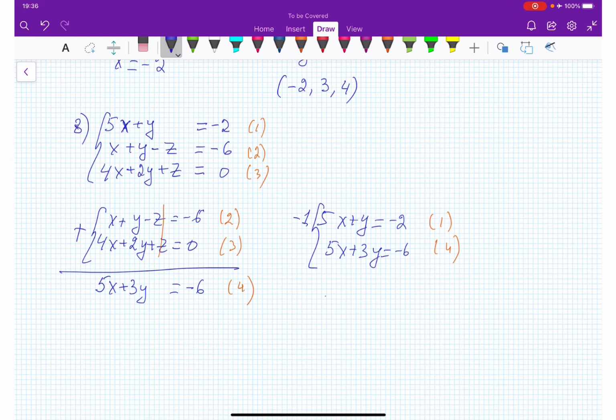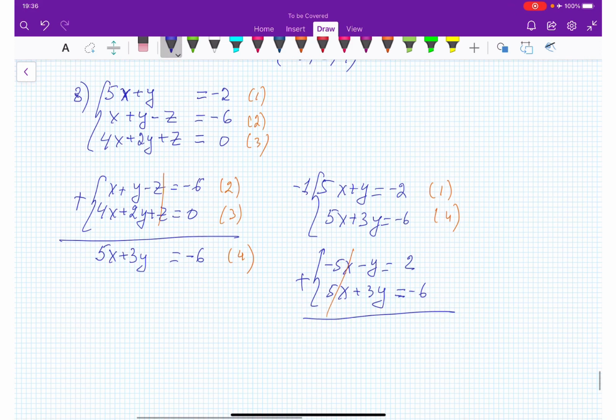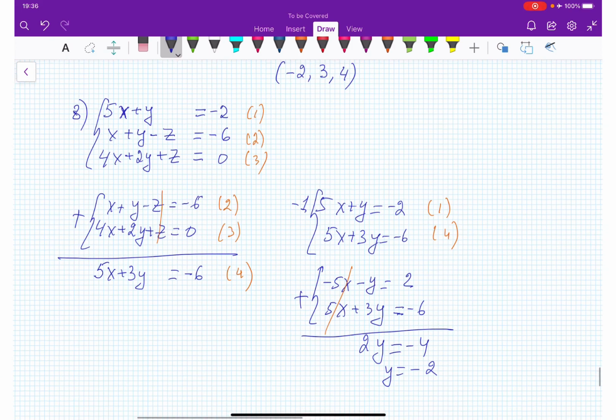It's going to get negative 5x minus y is equal positive 2. And here we get 5x plus 3y is equal negative 6. Adding, 5x, negative 5x is gone. And we are getting 2y is equal negative 4, y is equal negative 2. Okay, y is equal negative 2.